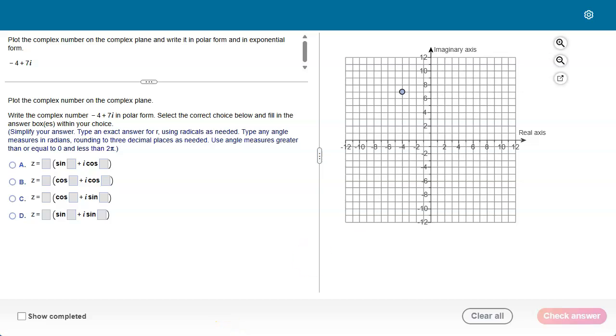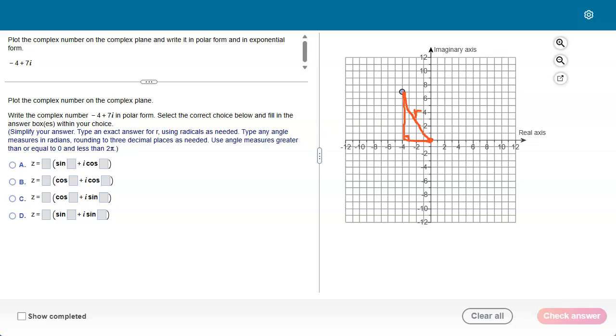So I'm going to start with a reference triangle of some type. Let me just draw in a triangle as best I can on top of this grid. I have this right triangle I see here, and I know that the distance from the origin to this point is r.